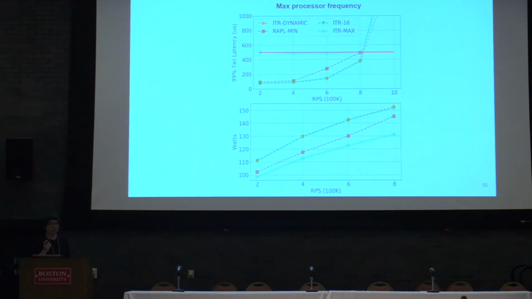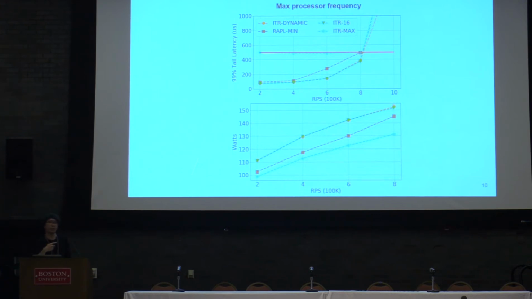The first one I'm going to show is the Linux result. The red line there is the SLA at 500 microseconds, and the x-axis is the throughput. In the first case, you see that it's able to hit a peak of about 800,000 requests per second at 16 cores.